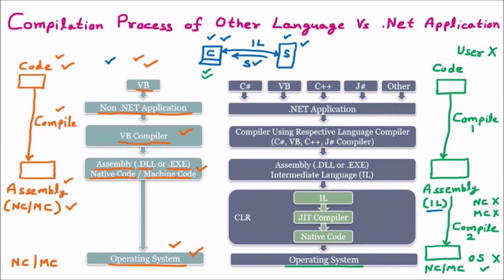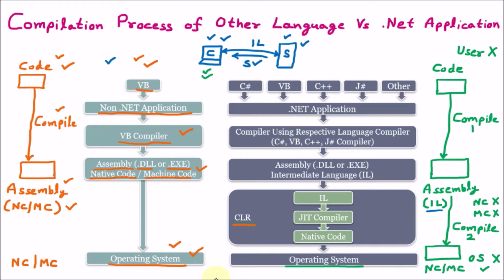Now assume that the client is having the intermediate language. Now how can a client run it? So client needs a CLR. CLR is the common language runtime. So common language runtime is just like a platform where the intermediate language runs. Just like if you talk about the Java, in the Java we are having JVM. JVM is a Java virtual machine on which the bytecode runs. Similarly, in the .NET we are having the CLR, common language runtime.